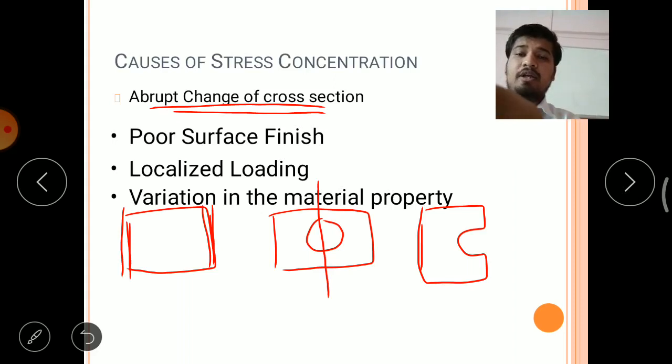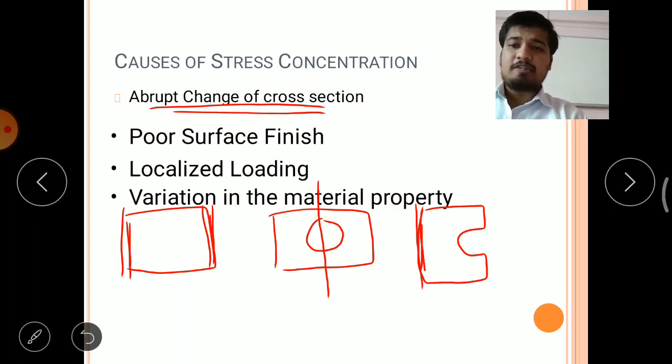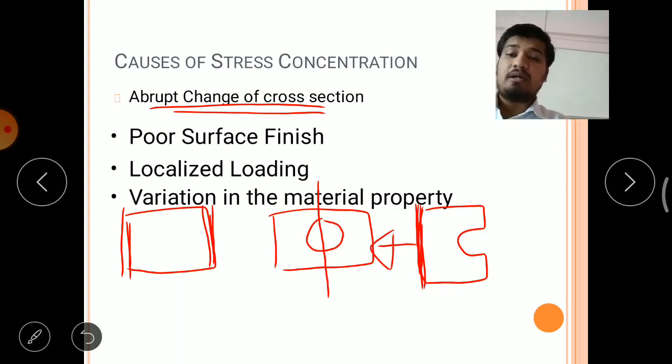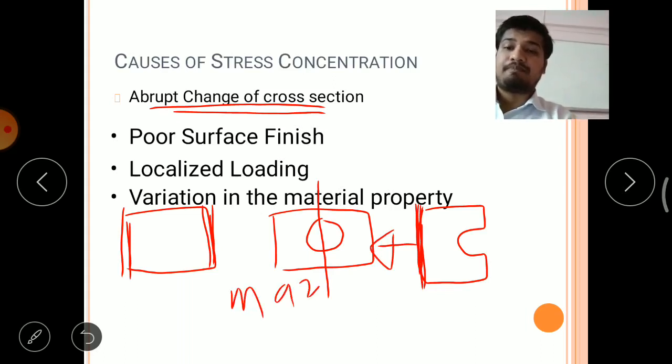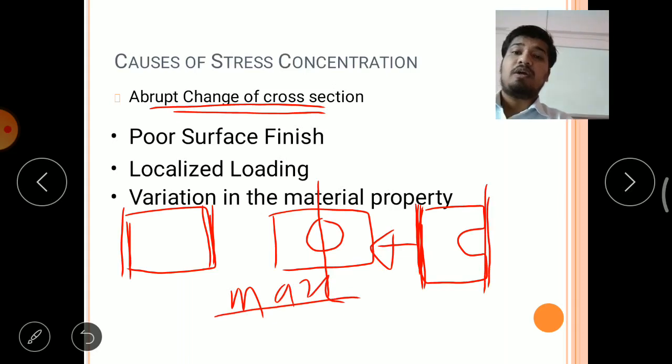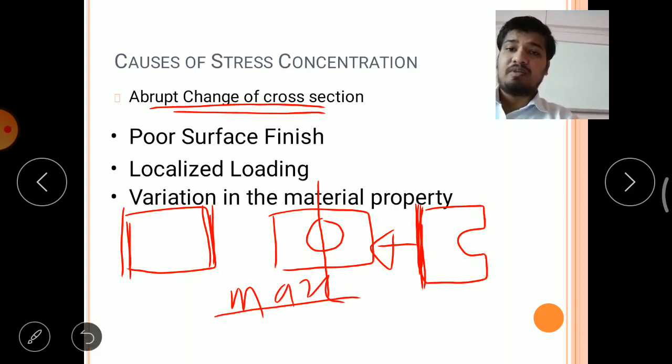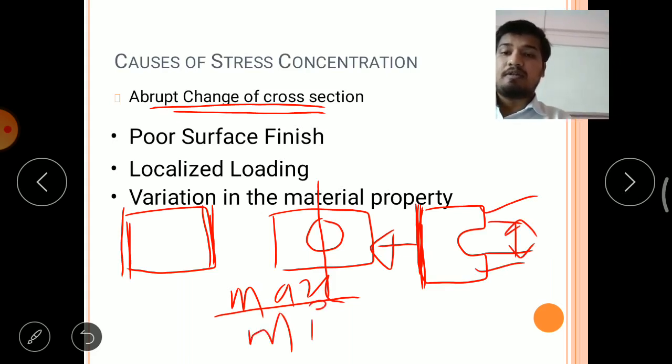Now the important point is that when we apply external pressure, the stresses are produced inside the material throughout the section, and when we consider this plane only, the stresses produced here are maximum, and the stresses produced in this plane are minimum, because in this section up to the diameter no more stresses are produced, so we have to use only this section and this section, and the stress is a minimum one.